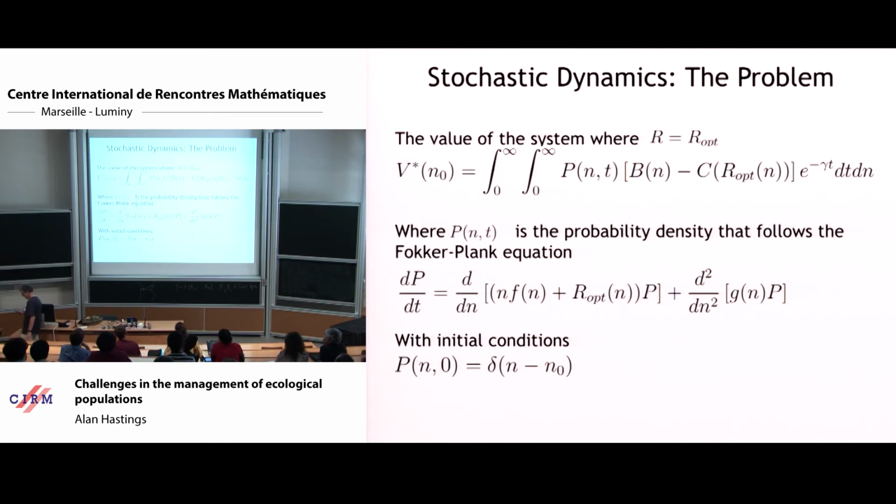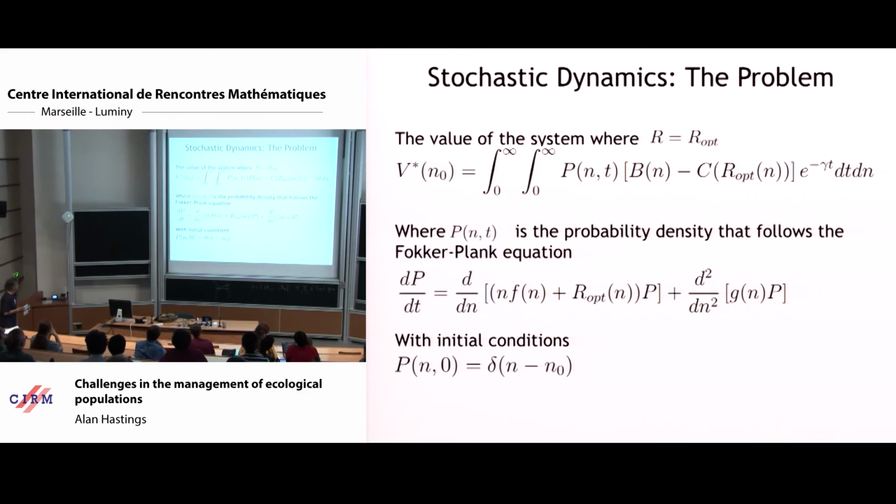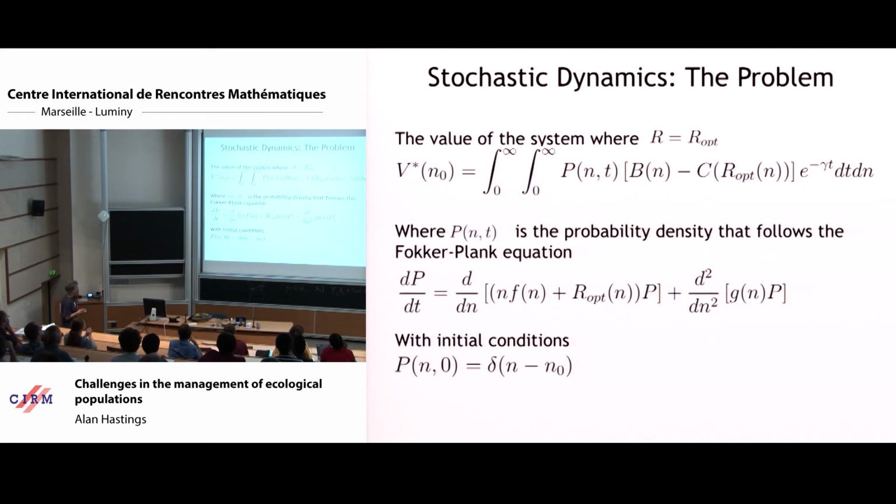And we can then make the problem stochastic. We can compute the net present value, where P now is a probability density that follows the Fokker-Planck equation with a specified initial condition.